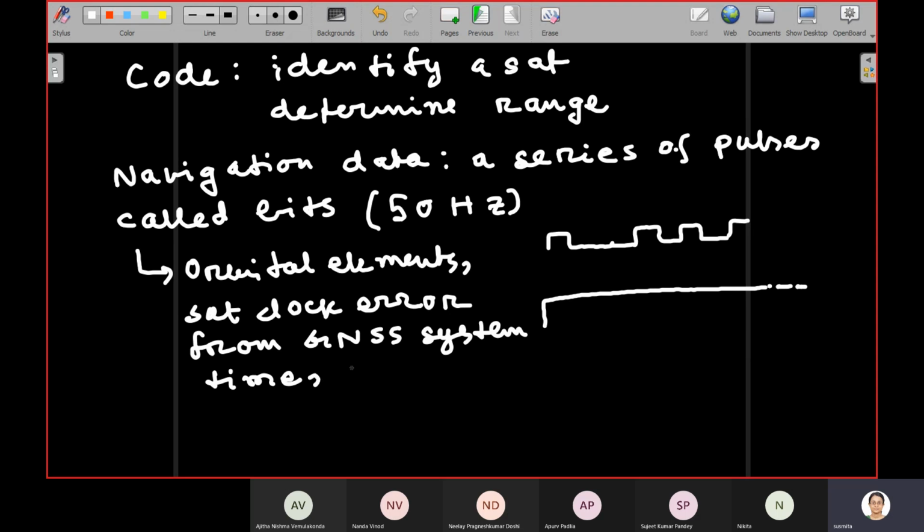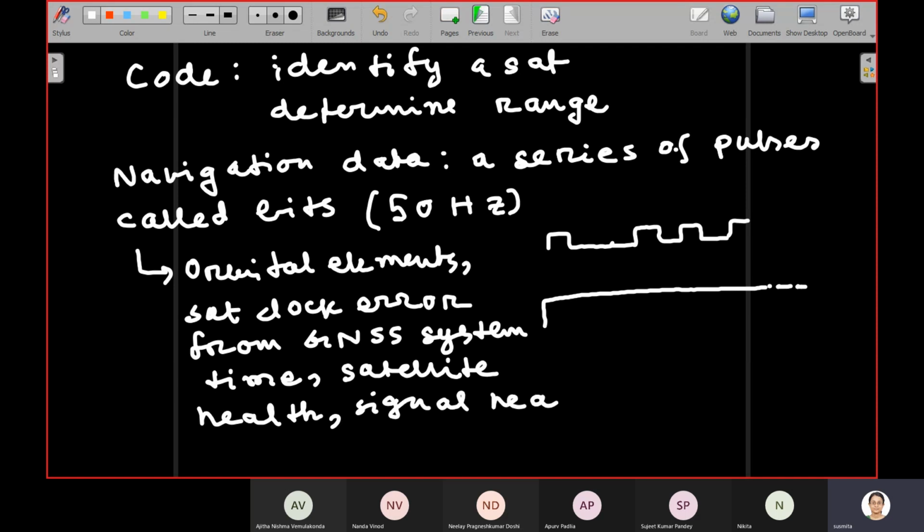Then it also transmits information like spacecraft health, satellite health, and signal health, etc.